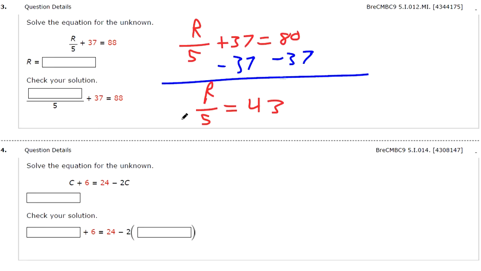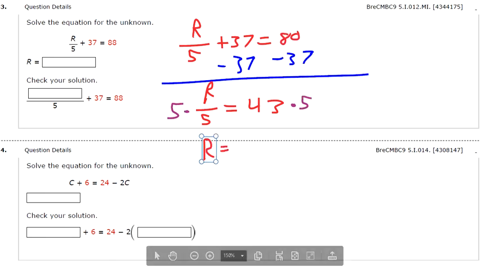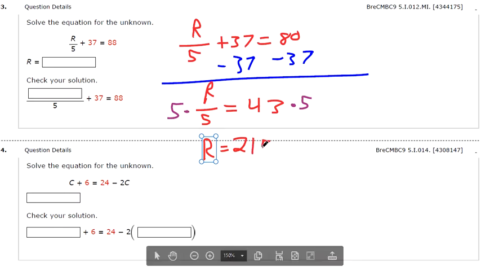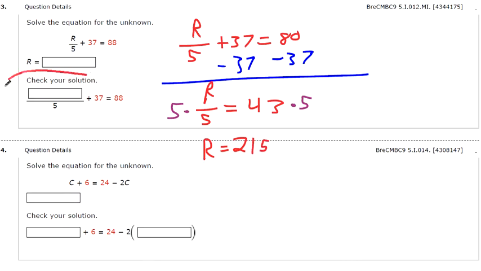And then to get r by itself, you got to multiply 5 to both sides. So r is going to equal 43 times 5. Makes 215. Okay, and that's just what goes in these blanks here. So kind of combining both steps.